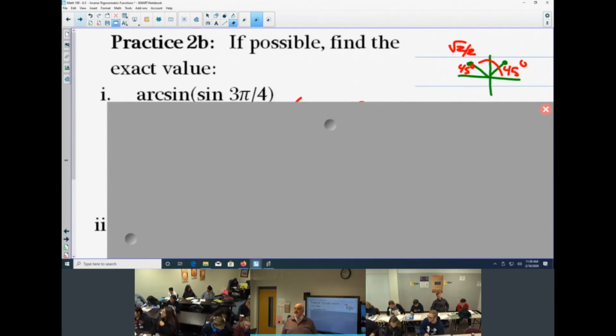All right, so Kinsley, on the first one, can we just cancel the sine and the arc sine here and get 3 pi fourths as my answer? No. That is correct. All right, so then what would be the correct answer, the final answer? And I've got a hint up there on the board.